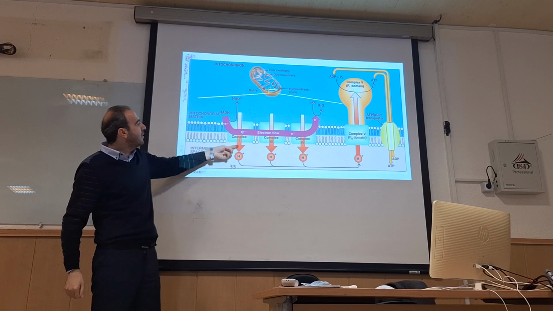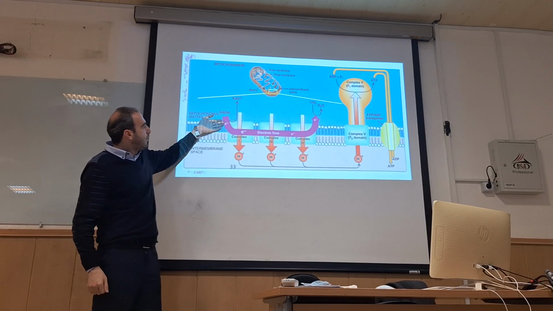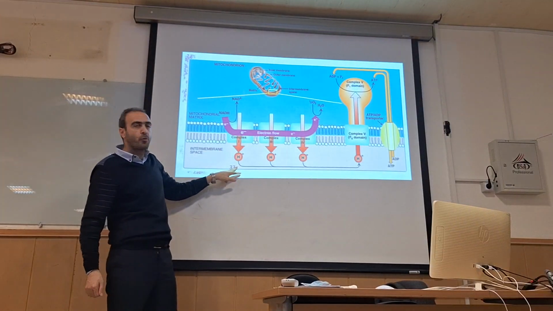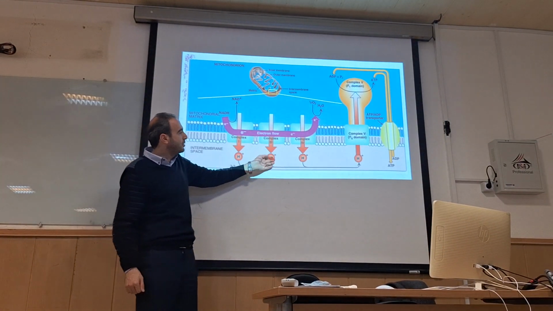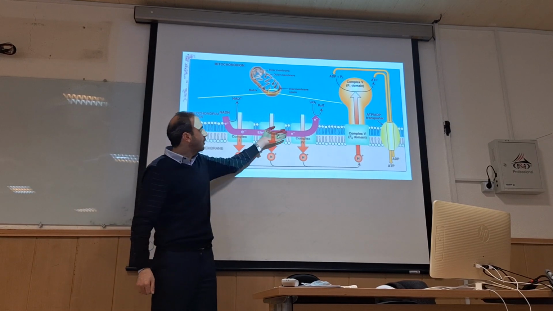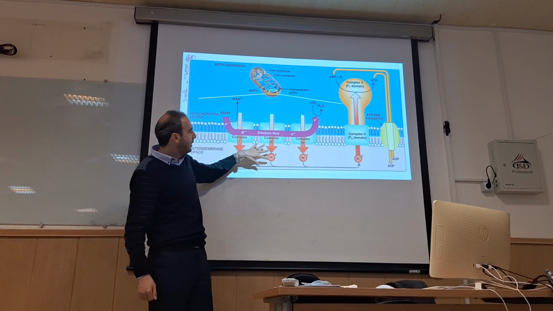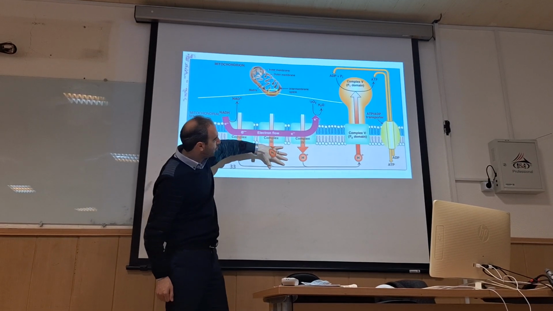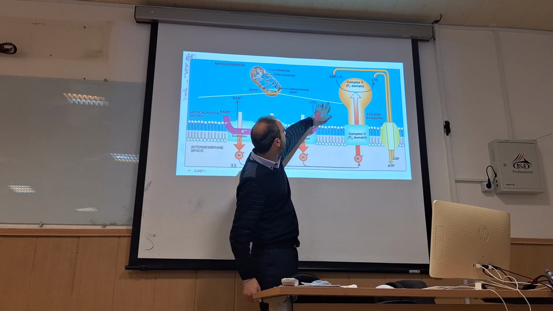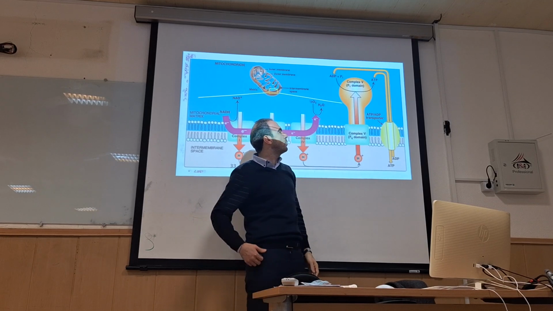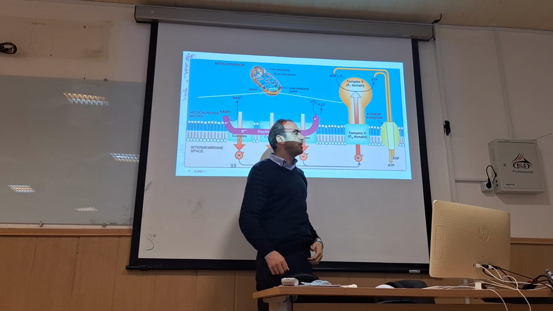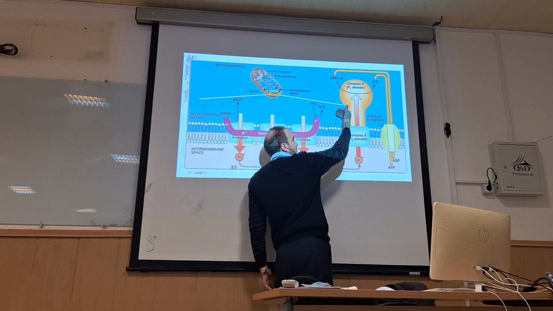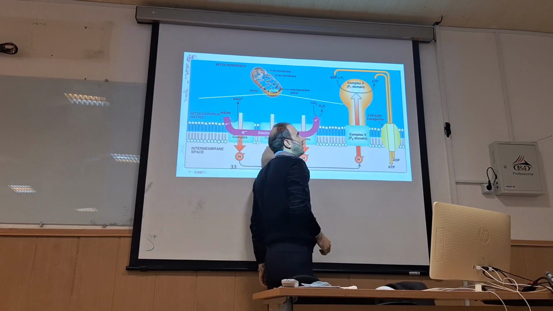Here, complex number 1, by transporting electron flow, also pumps proton. Complex number 3 also pumps proton, and complex number 4 pumps proton. Finally we produce H2O. All of these protons are going to transfer to the matrix by this molecule known as ATP synthase, which transports proton to the matrix and creates ATP.